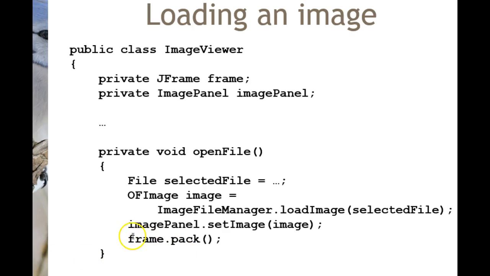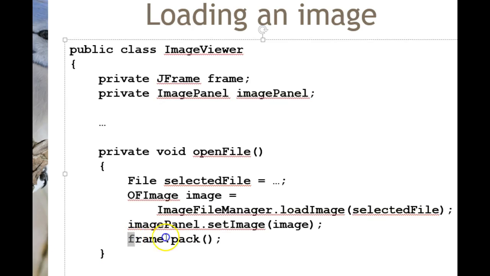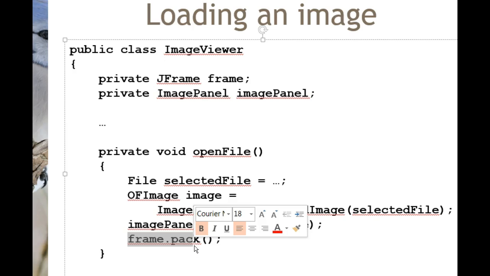So one thing that's different from the other code that we looked at is that we are calling frame.pack. It will recalculate the frame layout and redraw the frame so that the size change is properly handled.